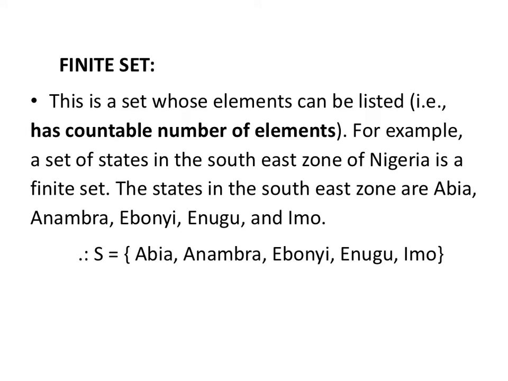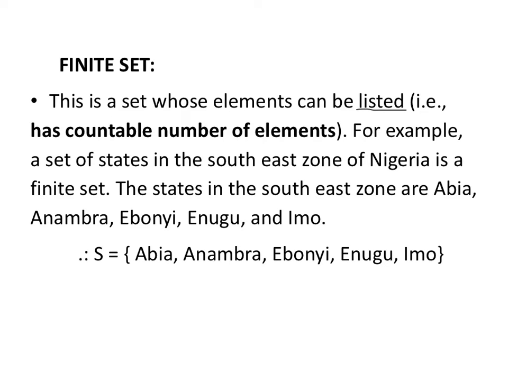Finite sets is another type of set, and this is a set whose elements can be listed. The elements don't run into infinity, like you can count them and you can list them. That is, they have countable number of elements. So when a set has countable number of elements, you say that the set is finite. For example, a set of states in the southeast zone of Nigeria is a finite set.